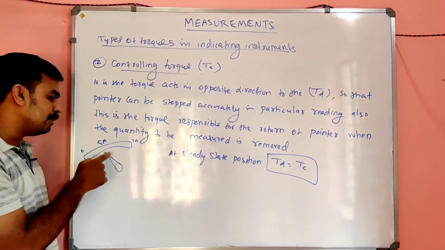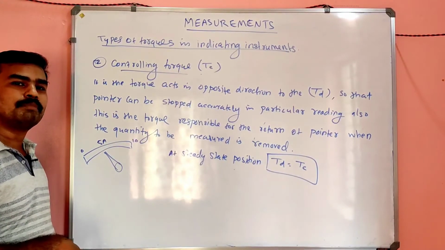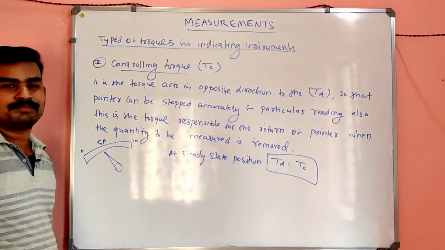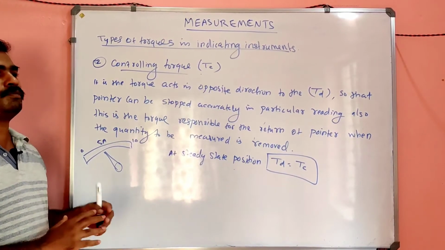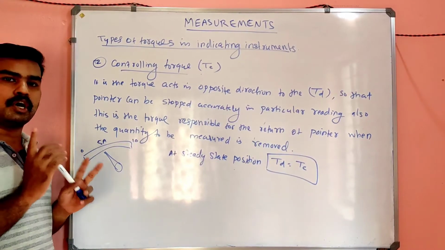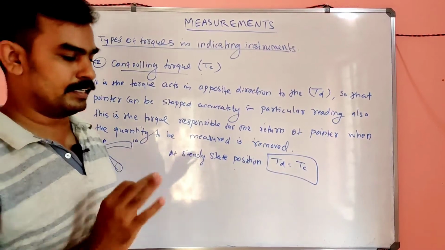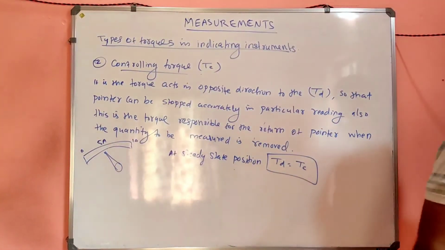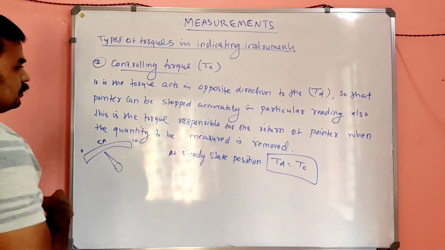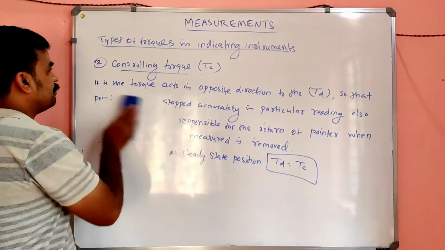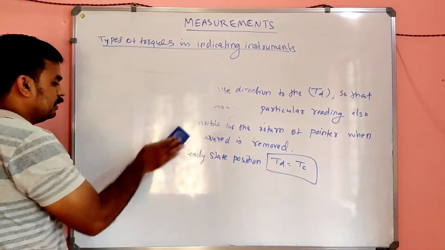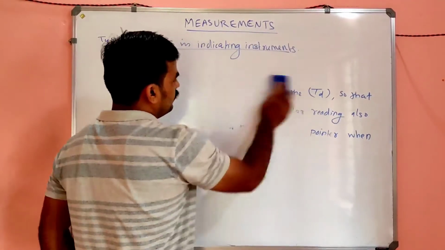Even if you apply 2 ampere, it will go to the ending point, because there is a permanent stop there. That is the problem. So there should be something to oppose the deflecting torque so that the pointer can stop at the correct point. Is it clear my dears? There are many types of controlling torque, which we will discuss later.